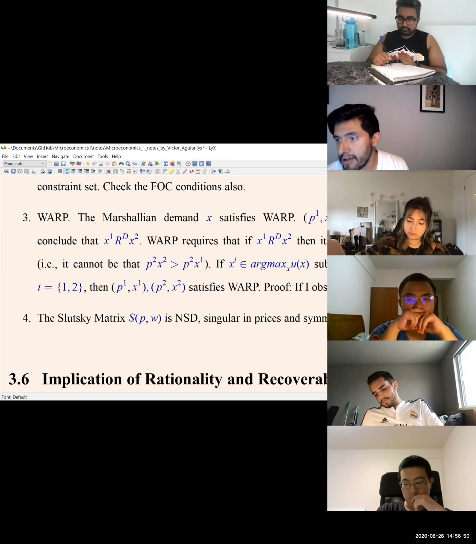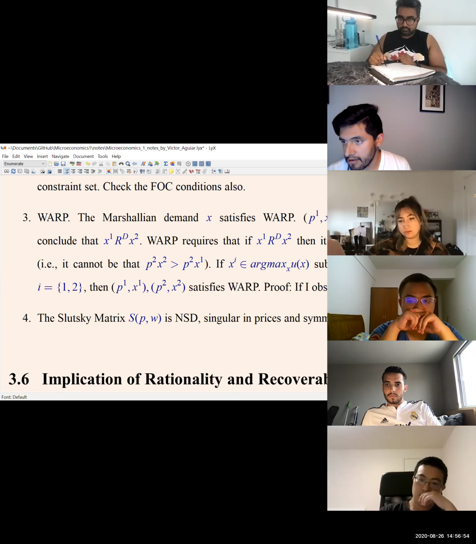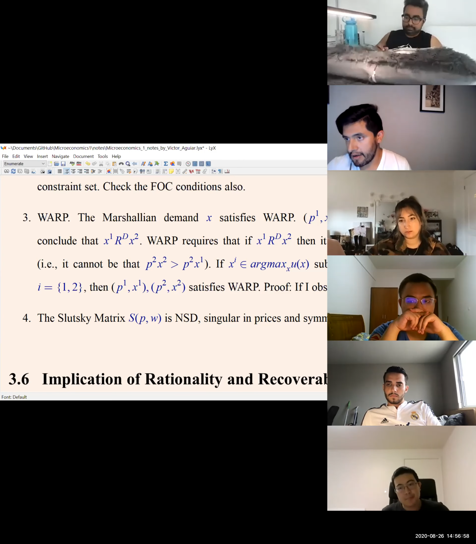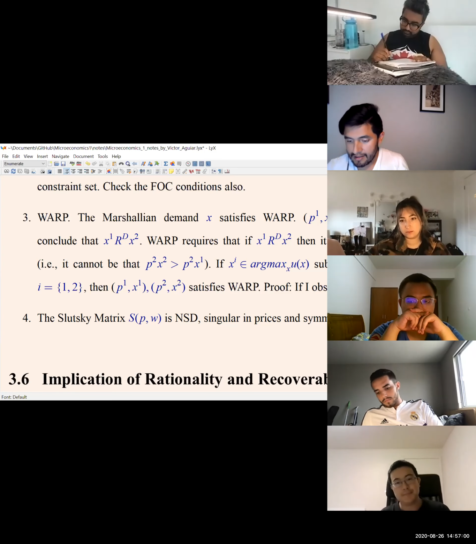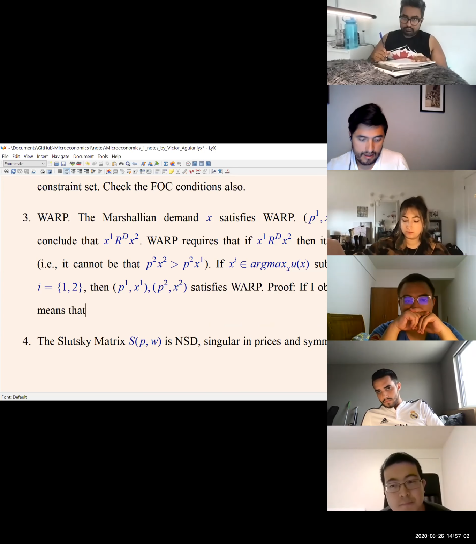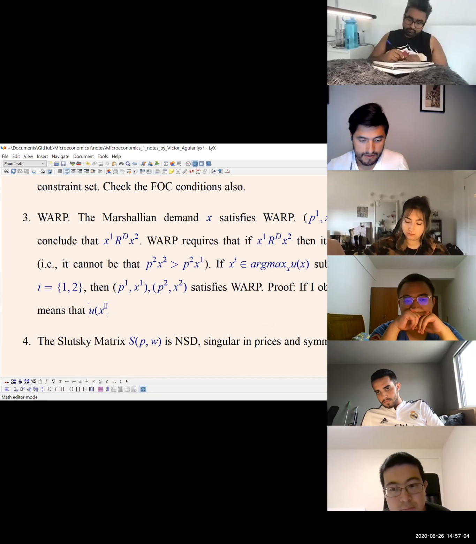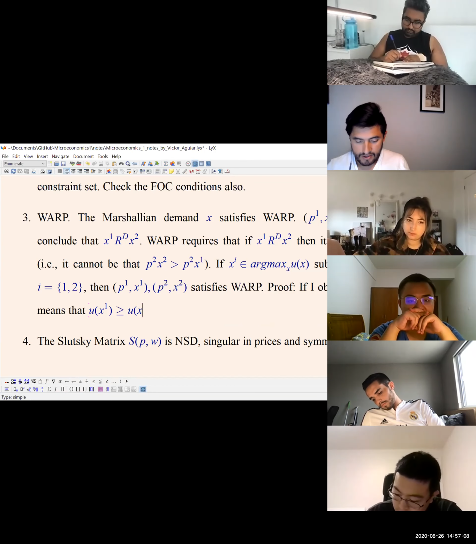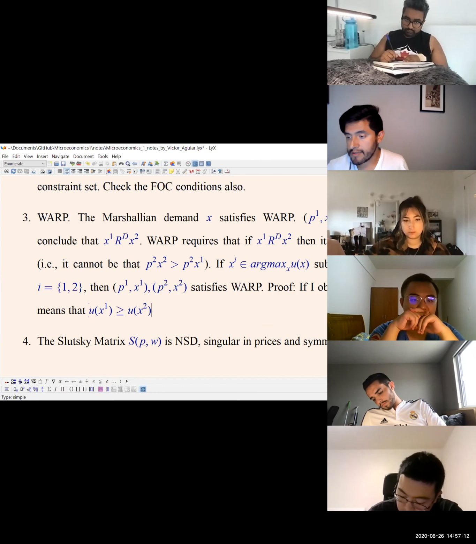First of all, it's telling me that X2 is cheaper than X1 according to price one, so it's inside the budget set. And second, it's telling me that X1 was picked, right? So this means that the utility of X1 is greater than or equal to the utility of X2. Do you agree? Yes?